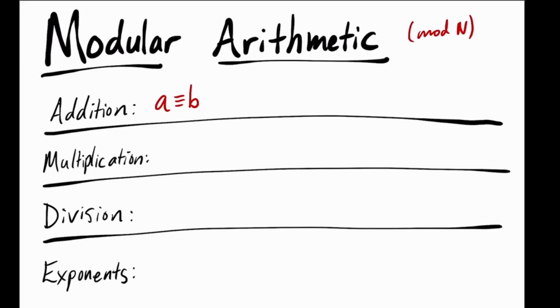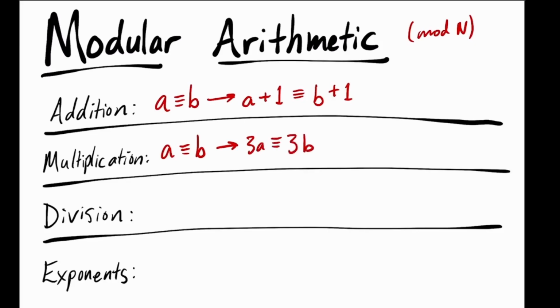If A is congruent to B, we know that when we use A in a sum, we can also replace A with B in that sum, and we'll get something that's congruent mod n, right? So A congruent to B means A plus 1 or A plus anything is congruent to B plus the same thing. Similarly for multiplication, again, if A is congruent to B, then 3A will be congruent to 3B.